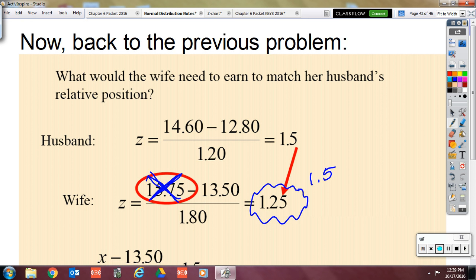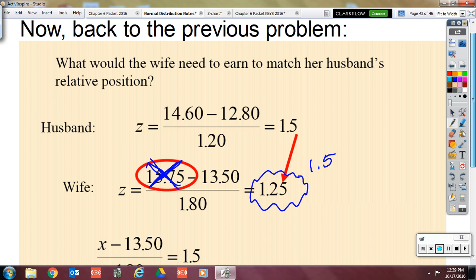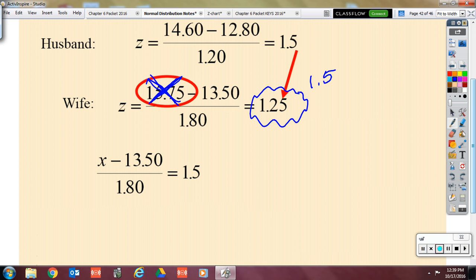Okay, so I need to turn that z-score into 1.5, so we come down here and you end up with that. So with her mean and her standard deviation, make her be in the 93rd percentile and solve for her new x. All right? I'm not going to do the math there, but algebraically, what would you do first? Multiply by 1.8 on both sides and then add that 13.5 over.